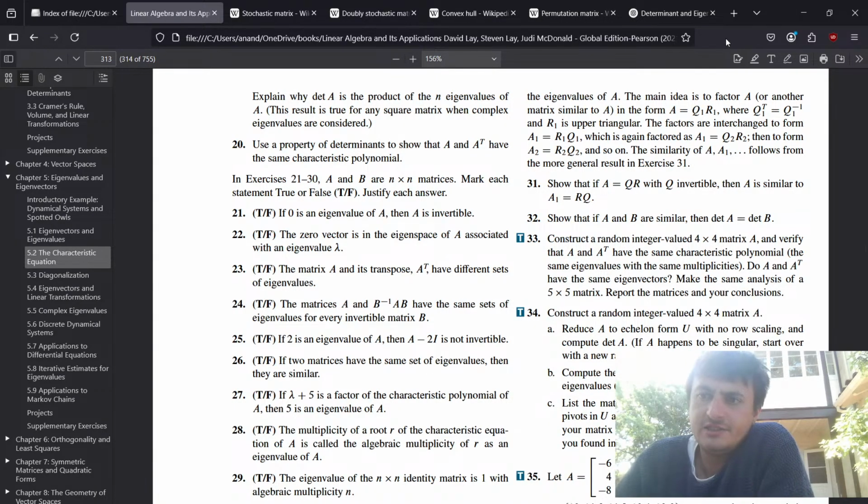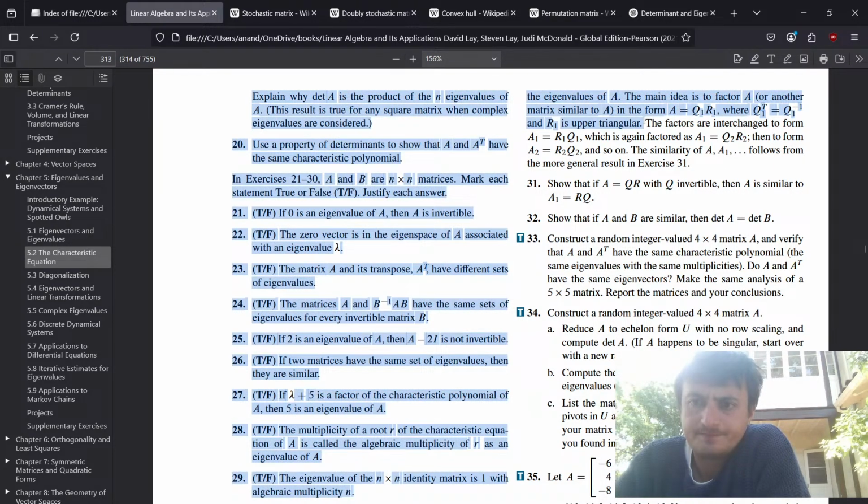Okay, wait. The main idea is to factor A in the form A is equal to Q times R, where Q transpose is equal to Q inverse, and R is upper triangular.